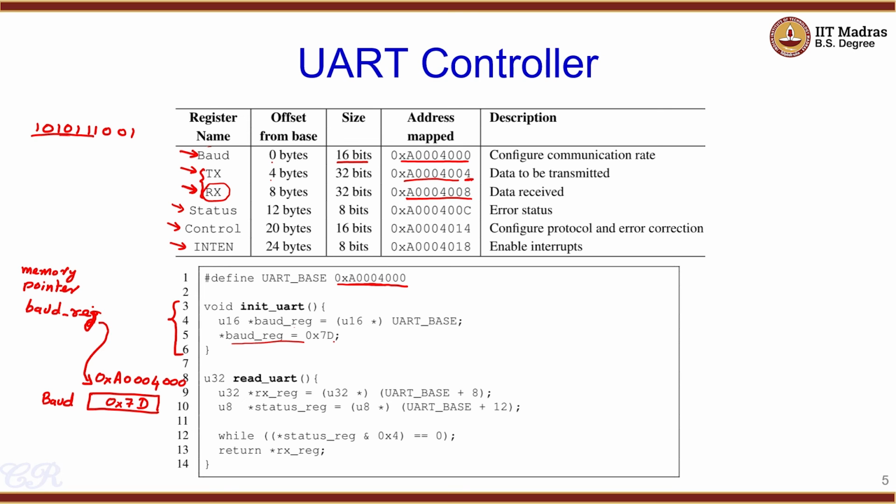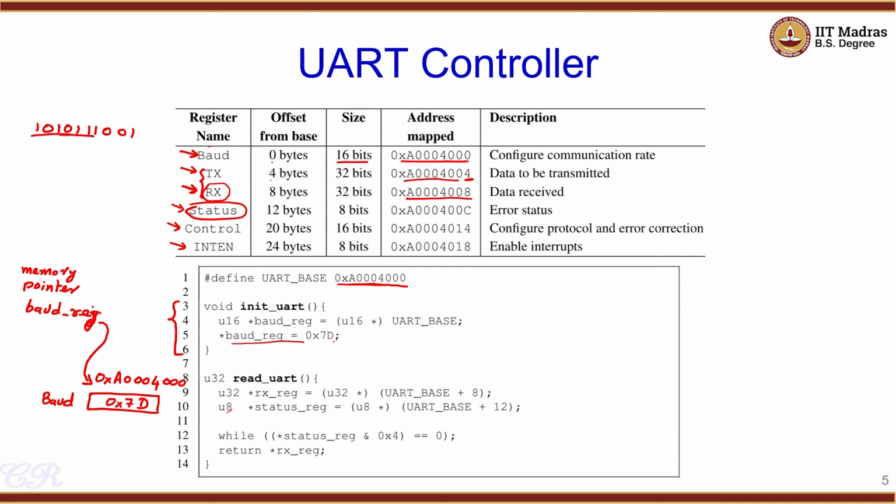We also define another 8-bit value, U8, which stands for unsigned 8. Because of the star, it's an unsigned 8-bit pointer, or in other words an unsigned character pointer, pointing to status_reg and initialized to the address UART_BASE plus 12. This corresponds to an offset of 12 bytes from the base address, and this essentially is status, right?